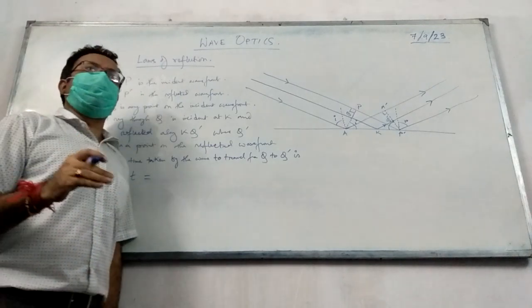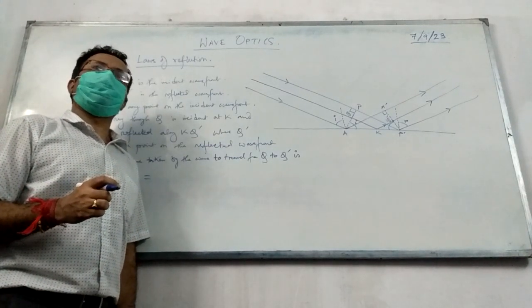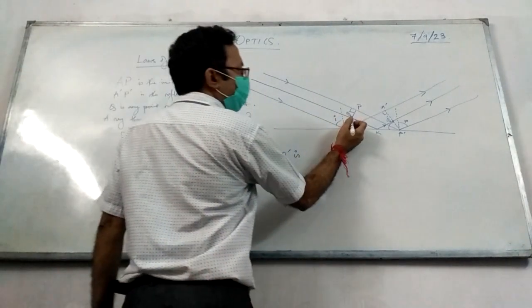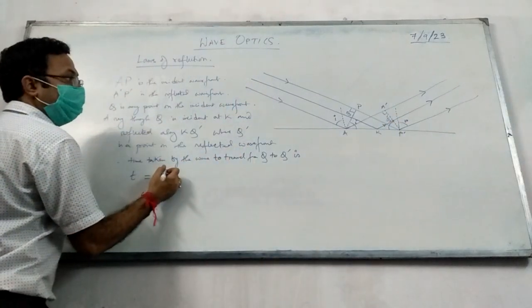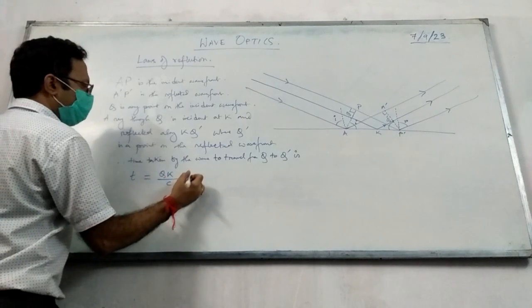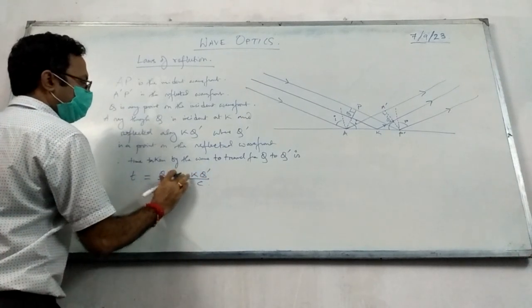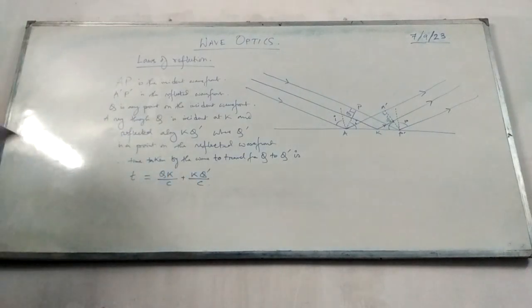If you know the speed of light, then how do you find out time? Distance by speed, right? So distance क्या travel कर रहा है वो QK plus K Q dash वैसे. So it is QK plus KQ dash by, yes or no? Where C is what? Speed of light.